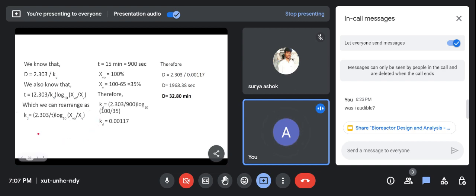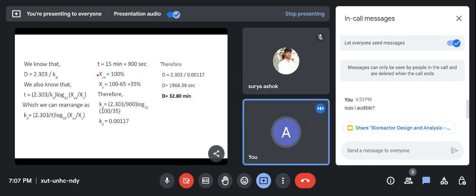So these are all given to you. For you to find the decimal reduction time, you need only the Kd value. So let's figure out Kd first. You know time is 15 minutes, and you have to convert that into seconds. Okay, so 15 minutes into 60 will give you 900 seconds.